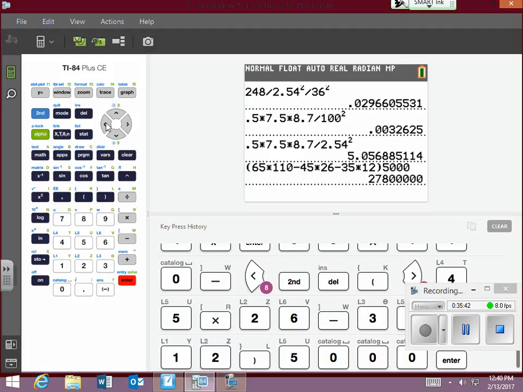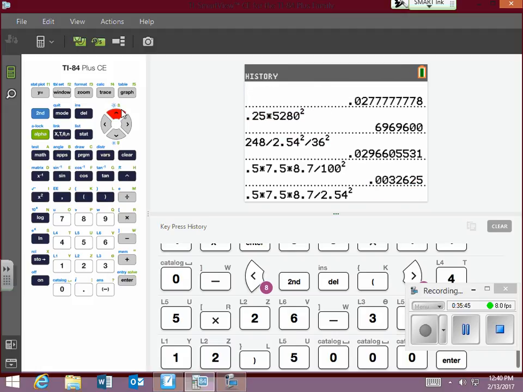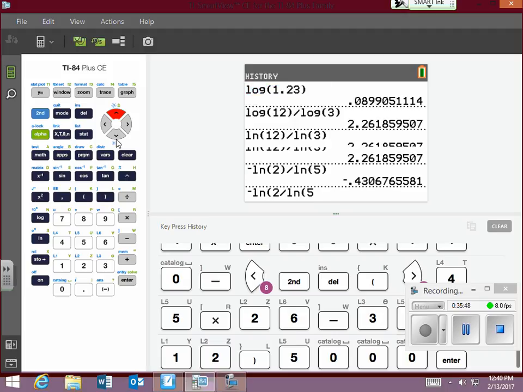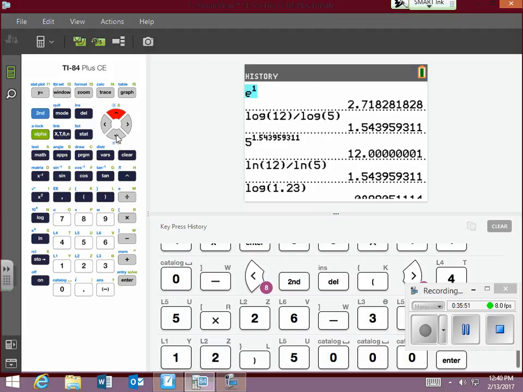Let's go up here. Now I lost everything. I'm gonna have to do that whole thing again. I just lock this thing up.